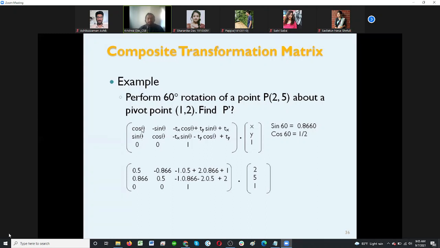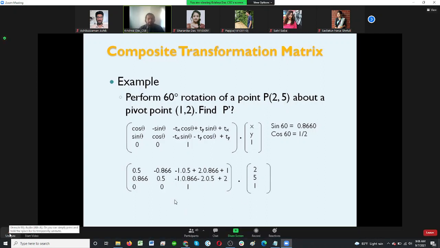Cos 60 is 0.5, sine 60 is 0.866, tx is 1, into cos 60, that means half, plus ty is 2 into sine 60, that is 0.866, and then tx is 1. We put the values the same way here, do the calculation, and x, y, 1 is 2, 5, 1, which is the value we know.